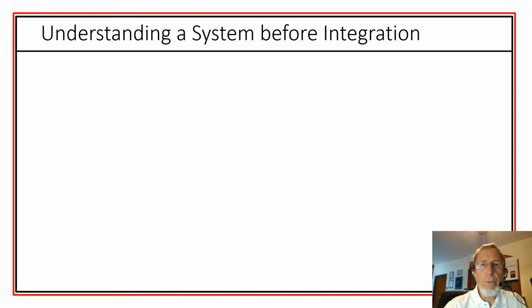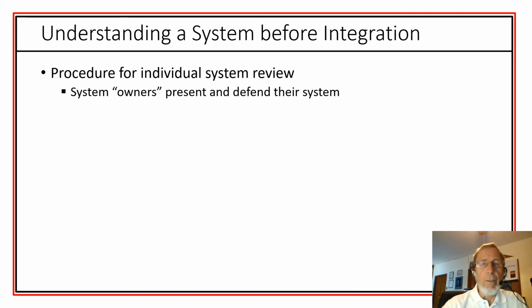Now, in order to document our understanding of a system before we try to integrate it with other parts for the overall design, let's go through a few steps that might be useful. First, I encourage that for each system, individual team members, perhaps pairs, or depending upon what's available, 1, 2, 3 people, might be owners for a given system.